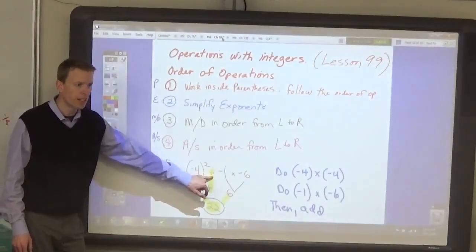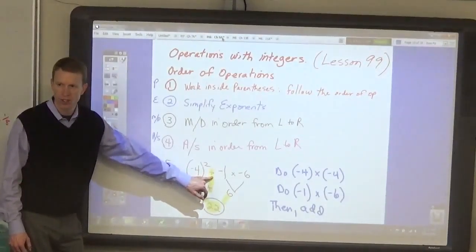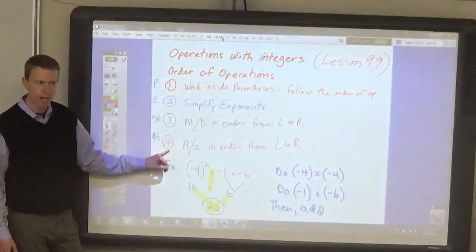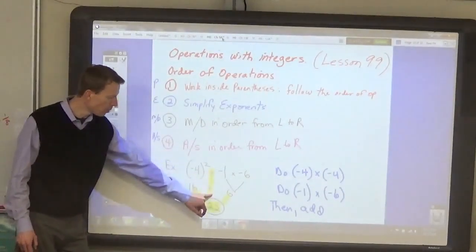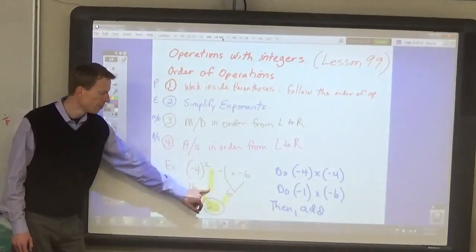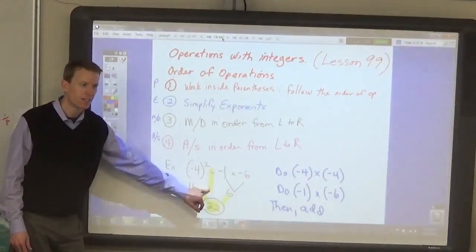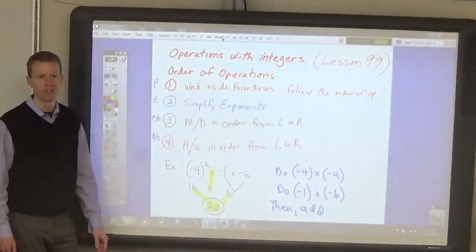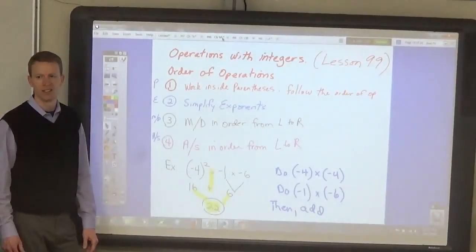Then we skip the addition right now. You don't do addition until step 4, so we'll come back to that. But bring the plus sign down, we'll do that later. What should we do next? We're done with the exponent. Now what should we do? Tyler?